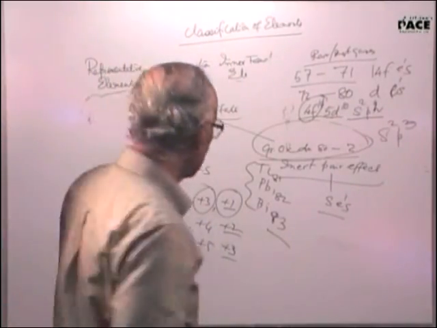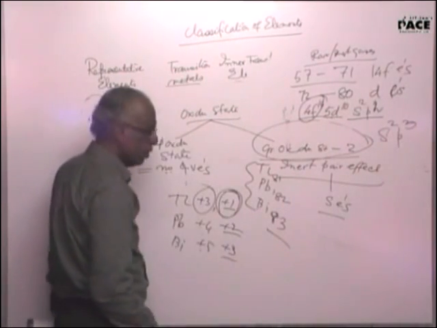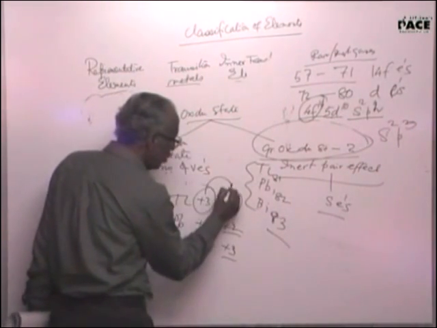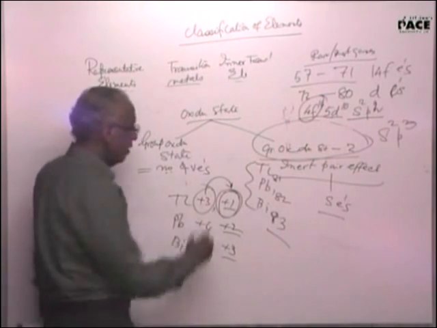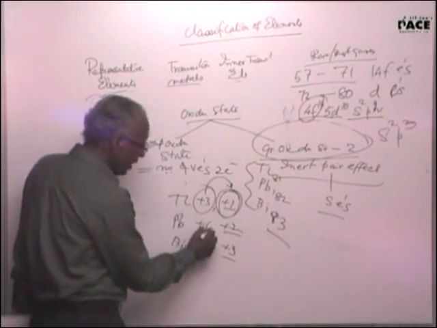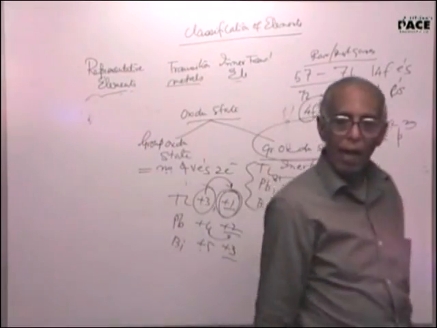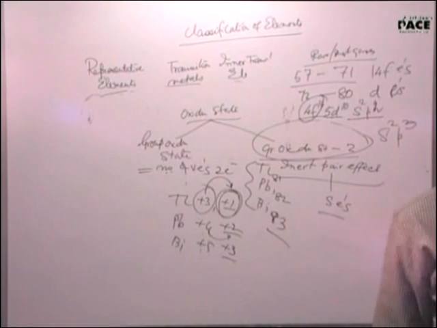So, since thallium +1 is the most stable oxidation state, +3 would like to come back to +1 by accepting electrons. Lead will accept electrons to come back to +2 oxidation. And bismuth will come back to +3 oxidation state.